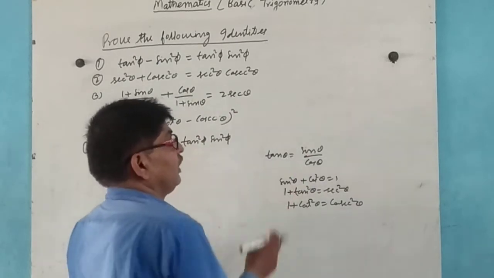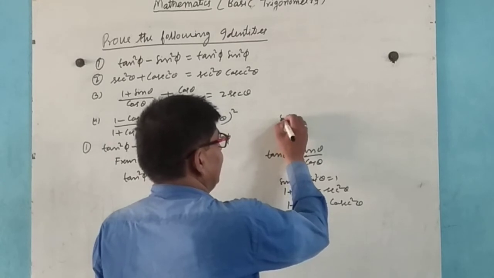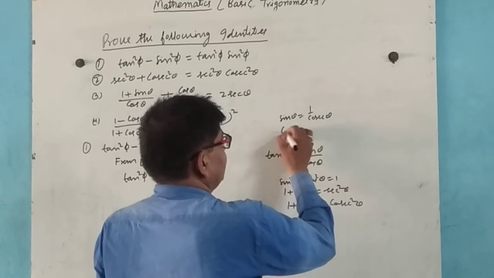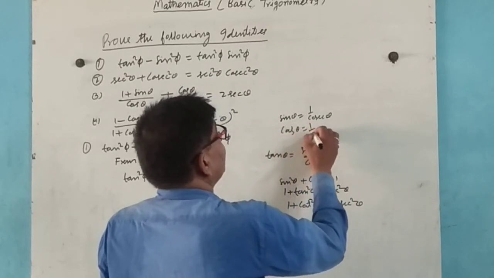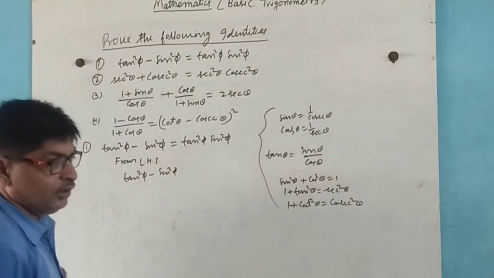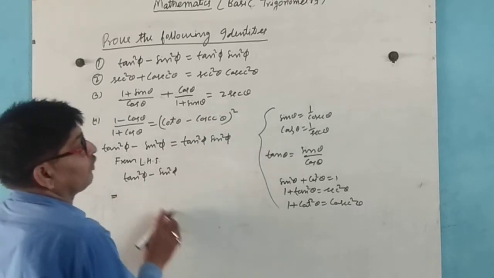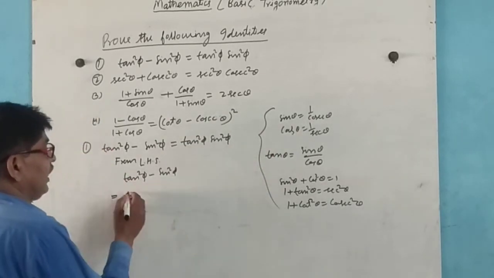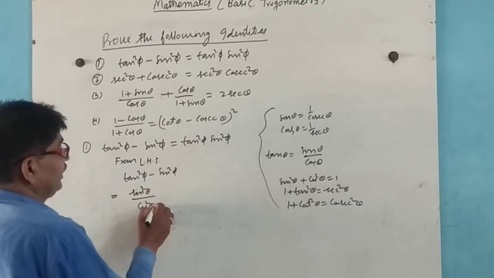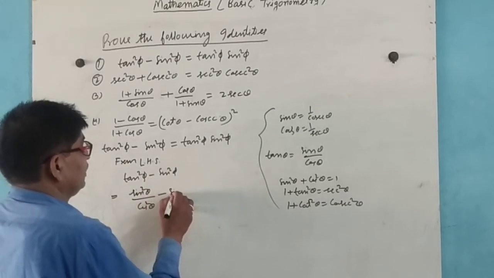Tan theta equal to sin theta by cos theta, or sin theta equal to 1 by cosec theta, cos theta equal to 1 by sec theta. Just study before it. Tan square theta is sin square theta divided by cos square theta, and minus sin square theta.